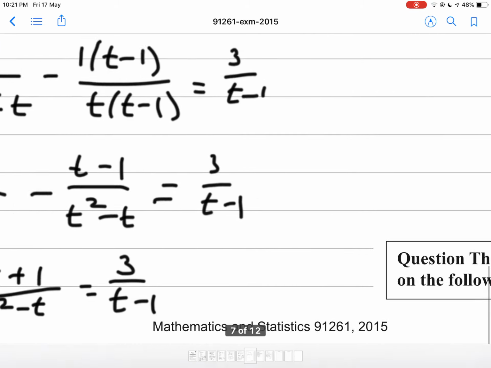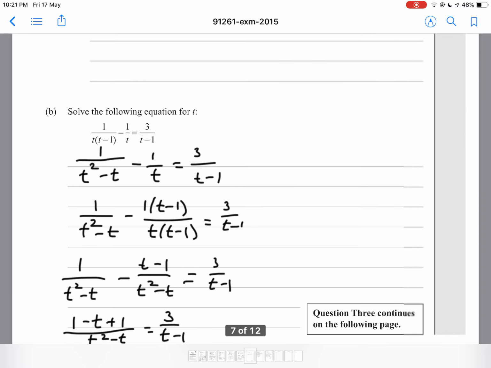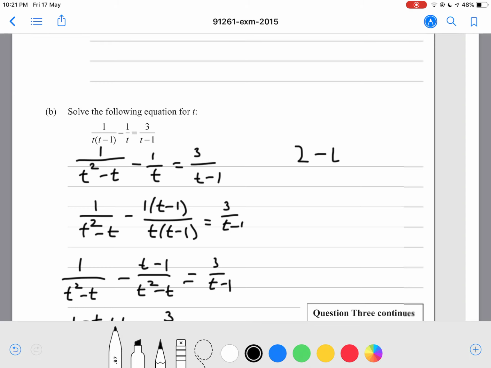So now we're gonna say that 2 minus t divided by t squared minus t equals 3t minus 1.